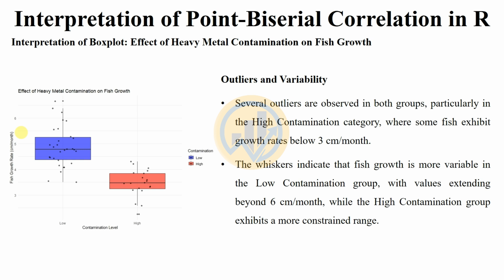The whiskers indicate that fish growth is more variable in the low contamination group, with values extending beyond 6 cm per month, while the high contamination group exhibited a more concentrated range.